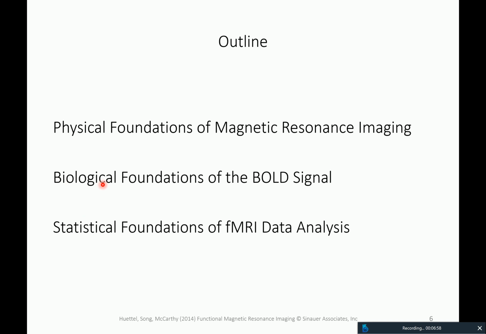But of course, when reading papers, you come across terms that relate to the physical foundations, things like TRs.